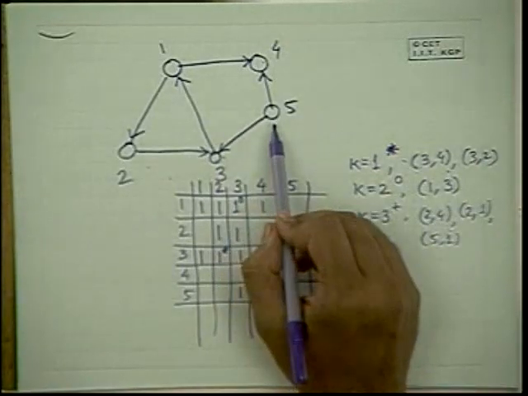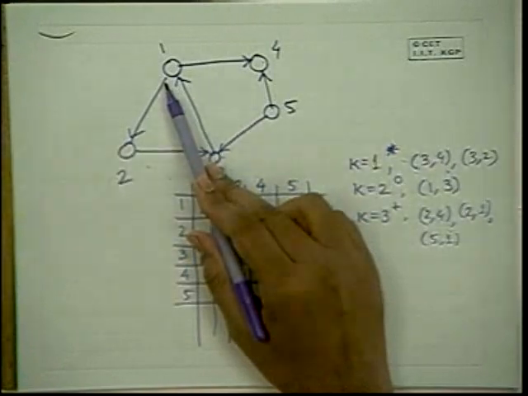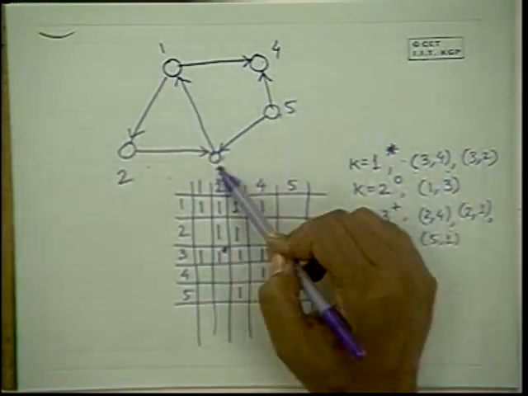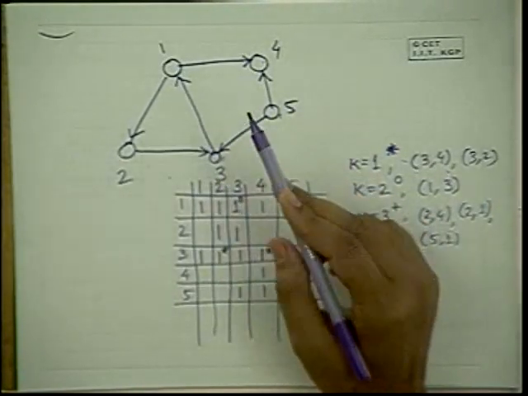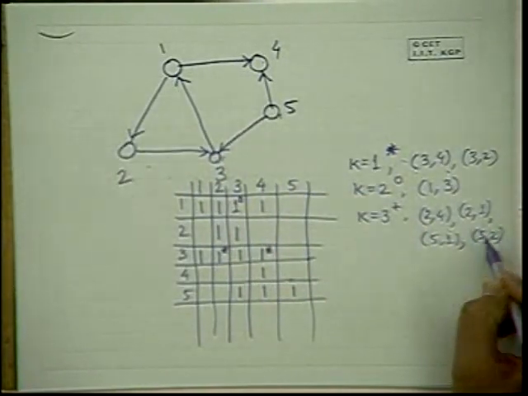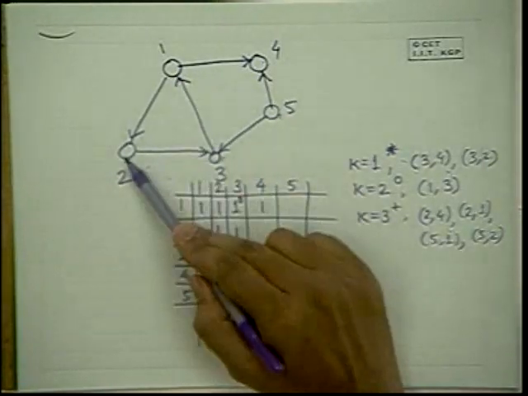Between 5 and 1 there is a path 5, 3, 1, which is valid because 5 3 is an edge and 3 1 is an edge. So d53 is 1, d31 is 1, which means d51 is 1. There is another one also, d52. d52 has a path now, 5, 3, 1, 2.